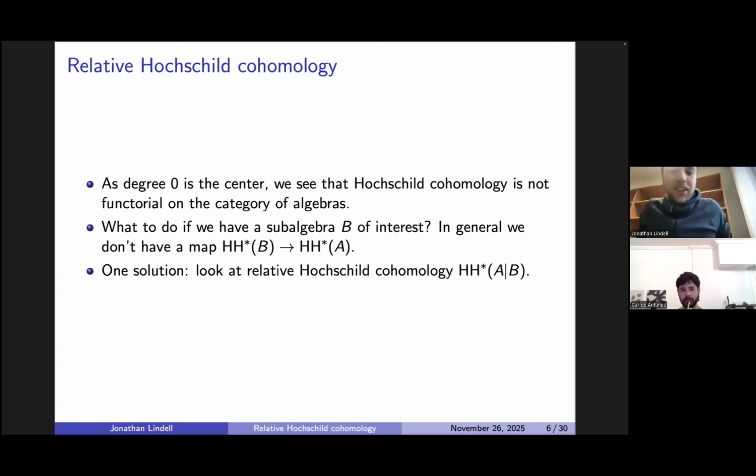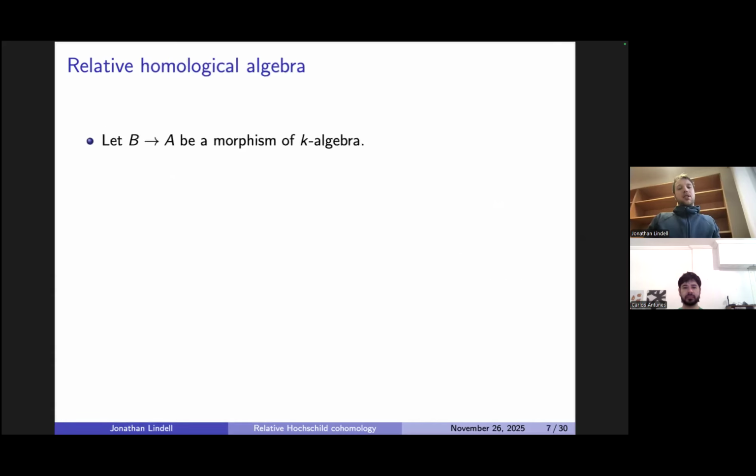Okay, so that now begs the question, what is then relative Hochschild cohomology and what is more generally relative homological algebra? So relative homological algebra was defined first in the 50s by Hochschild, and then he also defined relative Hochschild cohomology. So the setup is as follows. We let B to A be a morphism of K algebras.